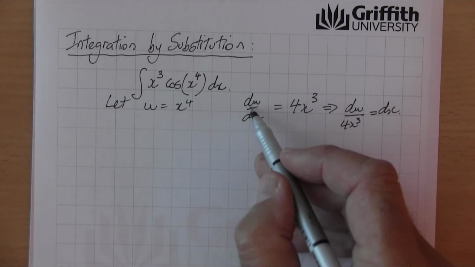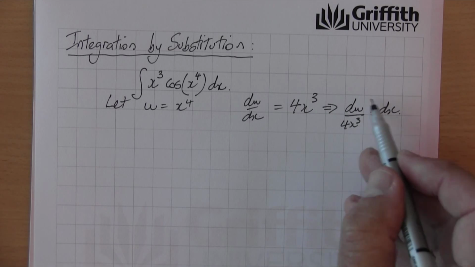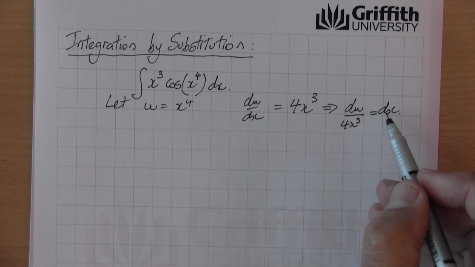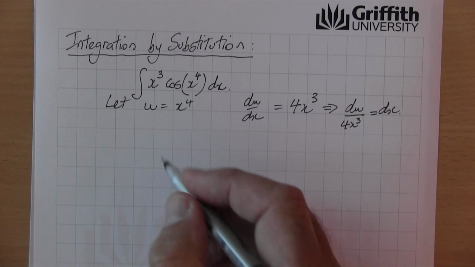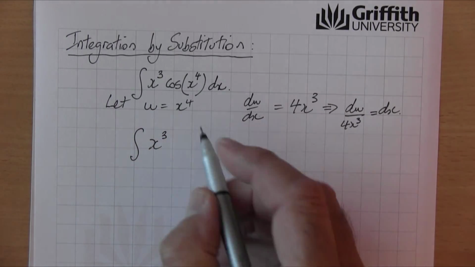Alright, really what we've done is multiplied both sides by dx and then divided both sides by 4x cubed, and the result ends up as such. So now we're not going to substitute for x cubed. We're actually just going to write it again, x cubed cos.